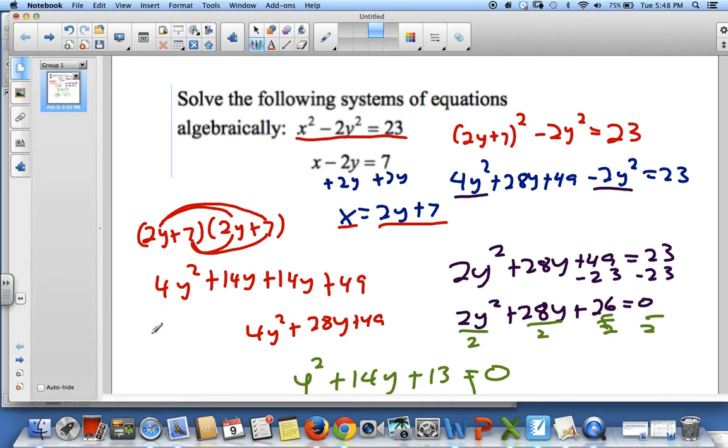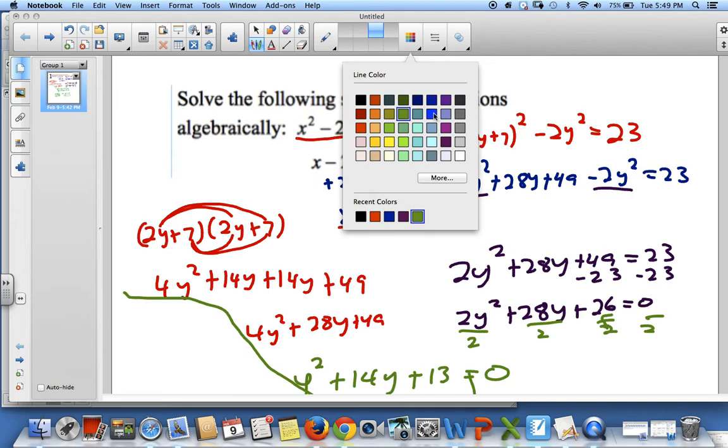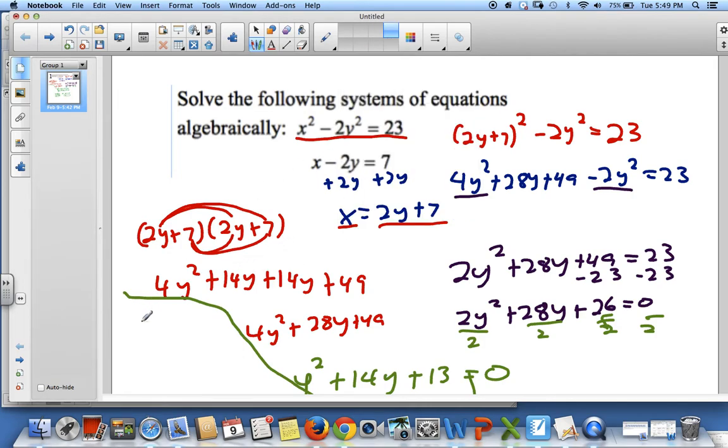I'll do that over here. Let's change the colors a little bit so we can see what we're doing. That's going to be x minus 2 times negative 13 equals 7. So x plus 26 equals 7.